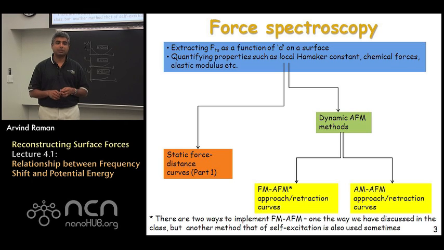There is another one which is based on a positive feedback system, which basically is able to drive the probe you're using into a self-excited state of oscillation. We're not going to be talking of that method of implementing FM-AFM in this particular class, but references are provided at the end of this lecture for you to look up details of that method.